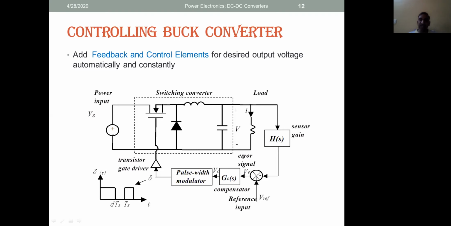So this error signal is generated, which is amplified further, and the pulse width of the gate drive for this MOSFET is modulated, which gives a gate drive and the switch is turned on, or which removes the gate drive and the switch is turned off. So this circuit controls the on and off of a switching converter or a MOSFET.